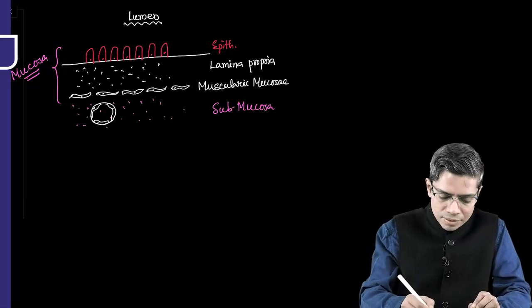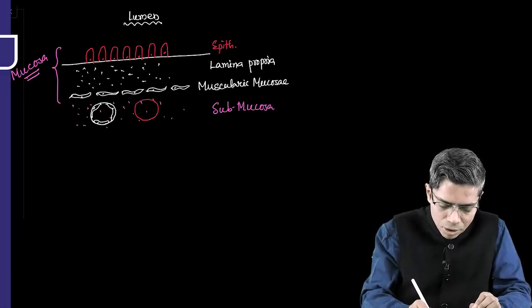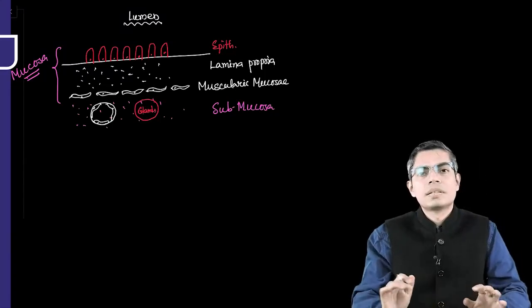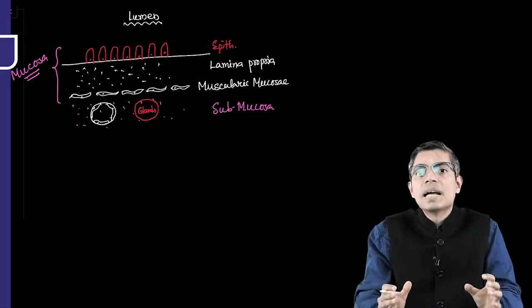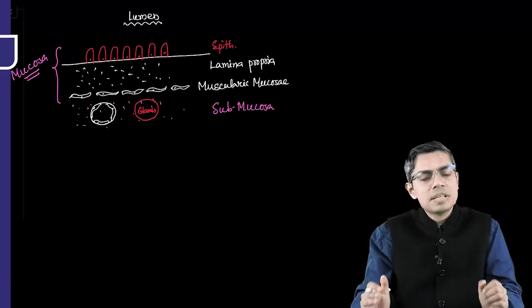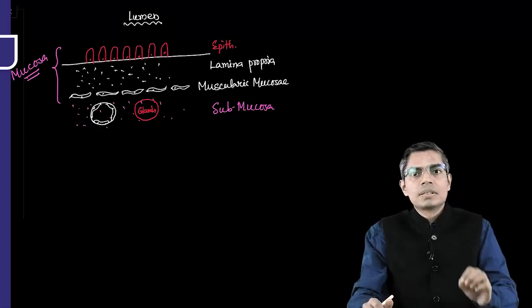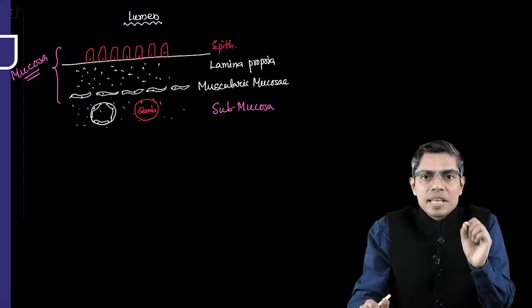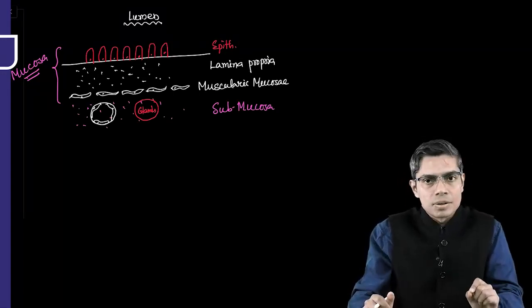The large blood vessels are present at the level of this submucosal layer. Not only that, the large glands of the GIT are also present within this submucosal layer only. Not only that, you have to remember that there is a neuronal plexus located at the level of the submucosal layer also.